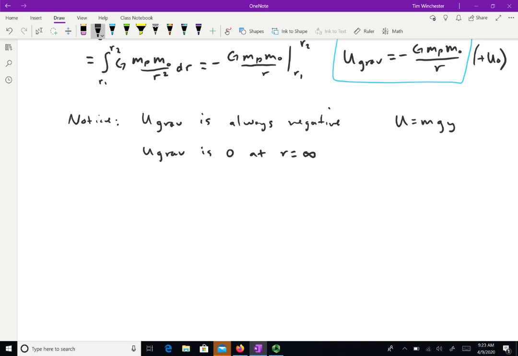Also notice that the gravitational potential energy is calculated between pairs of objects. So U grav is calculated pairwise. If you had, let's say, a constellation of asteroids and there were 5 objects, if you wanted to calculate the gravitational potential energy of that system, you would have to calculate the gravitational potential energy for each pair.